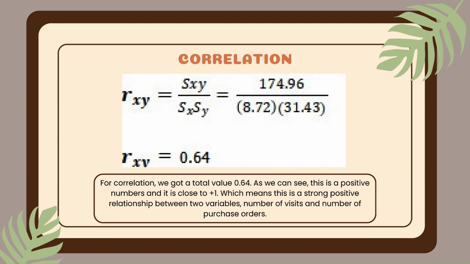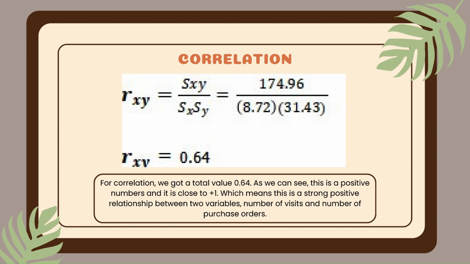The correlation coefficient describes both strength and direction of the relationship between two variables x and y. For this, we use the sample correlation formula, which is sample covariance divided by the standard deviation of x times the standard deviation of y. So the solution is 174.96 divided by the standard deviation of x and the standard deviation of y, which are 8.72 and 31.43.